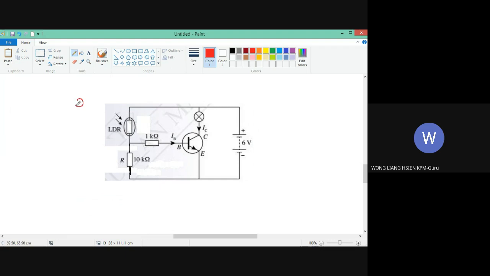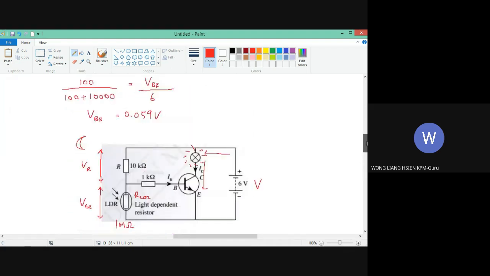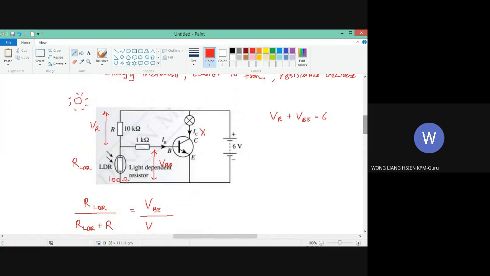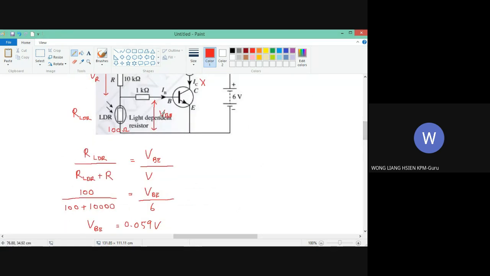During daytime, this resistance will be low, right? When this resistance is low, that means this resistor will get most of the voltage. For example, during daytime, the voltage across the LDR is only 0.059.